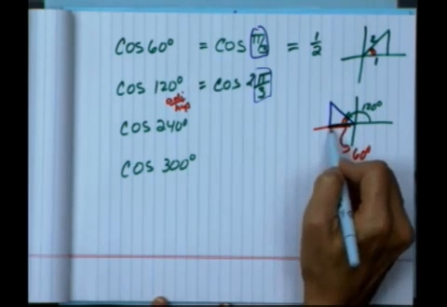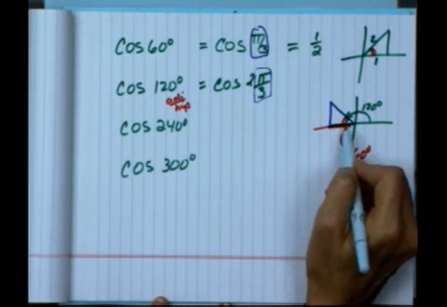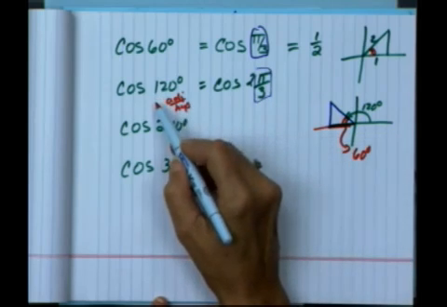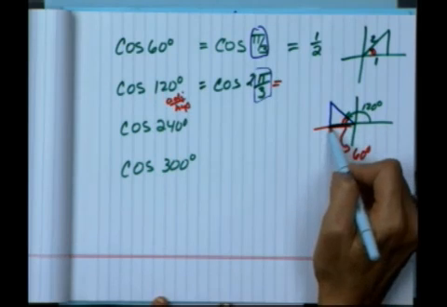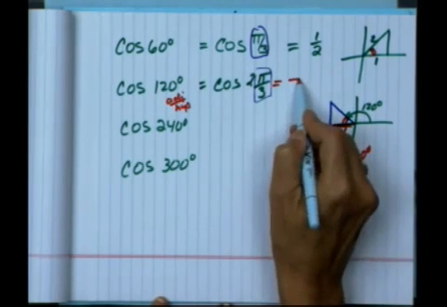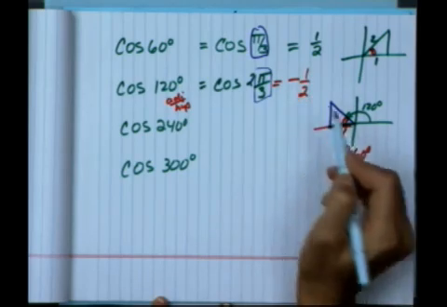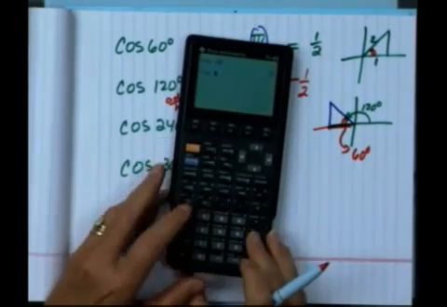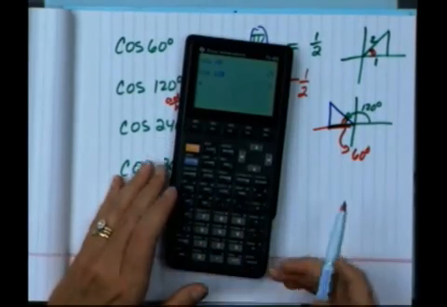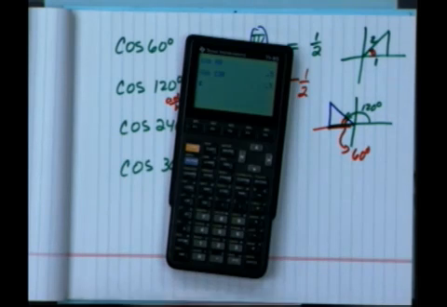Isn't this the negative x-axis? So when we punch away in our calculator, cosine of 120 degrees, what am I expecting the cosine to be? Negative 1/2. Okay, cosine 120 degrees. There's your negative 0.5 right there. Are you seeing the relationship when we're looking at angles beyond 90 degrees? These are called general angles.